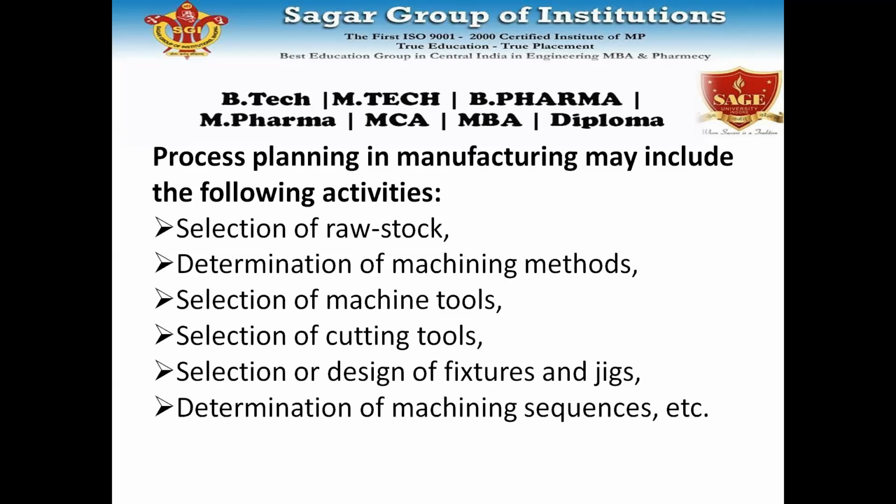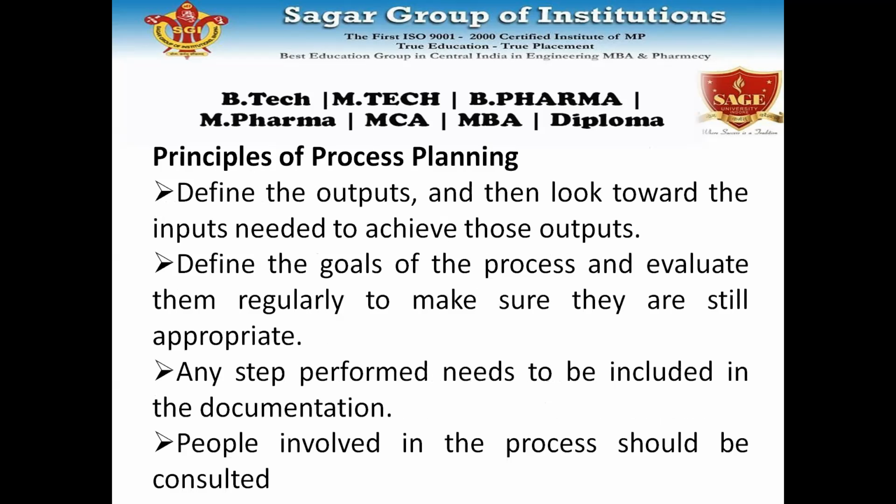Then, lastly, we will discuss the principles of process planning. What are the principles on which process planning is based? Here we have to define the outputs and then look at the inputs needed to achieve those outputs. This is the first principle.